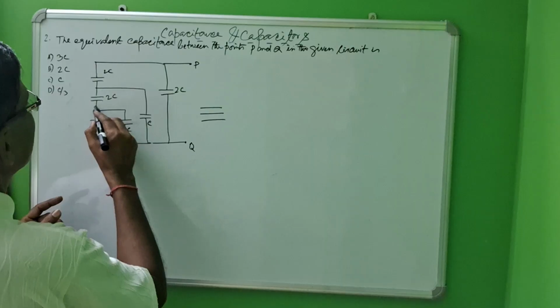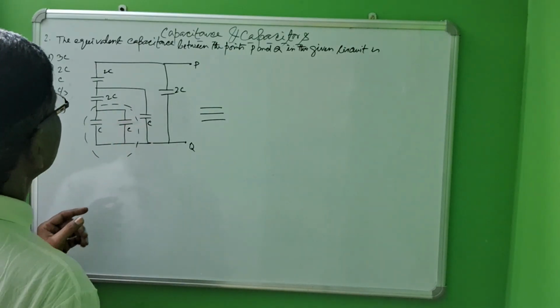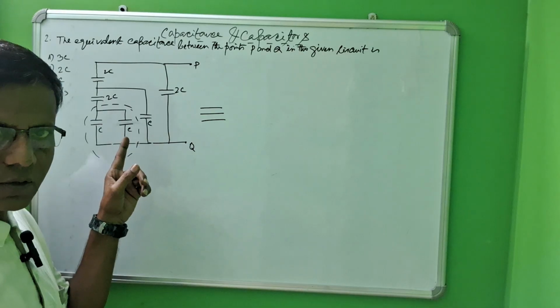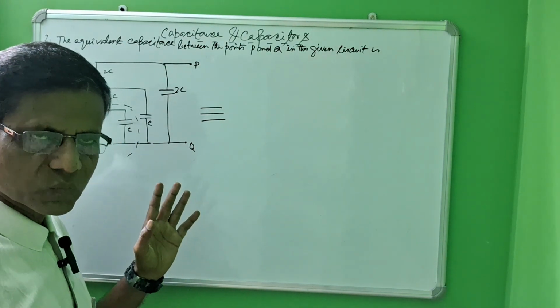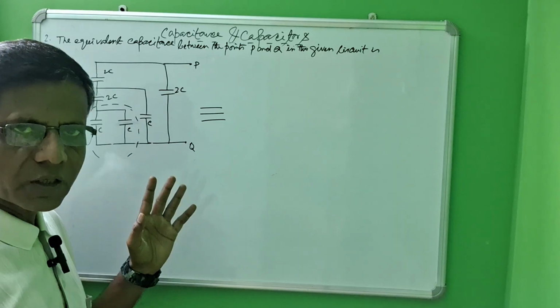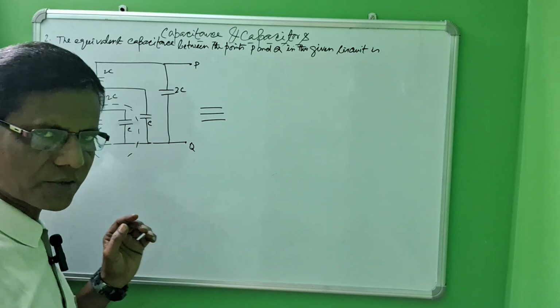First, we attack this portion. This is in parallel combination. We know for capacitances in parallel combination, the resultant equals the summation of the two capacitances.